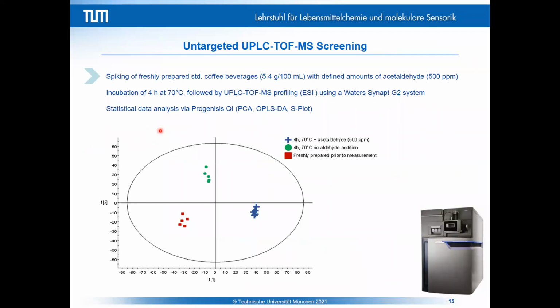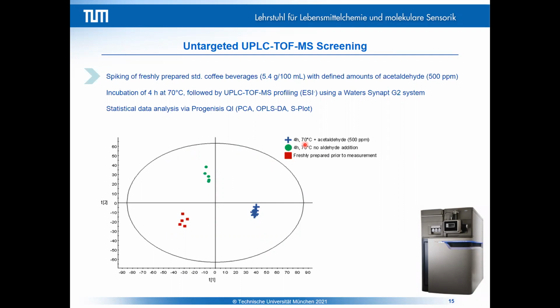So to get to the actual targeted approach, here you can see the principal component analysis of 3 different coffee beverages that were treated either with acetaldehyde at 500 parts per million and stored for 4 hours at 70 degrees Celsius, typical conditions where you would store your coffee if you would keep it in a thermos flask.